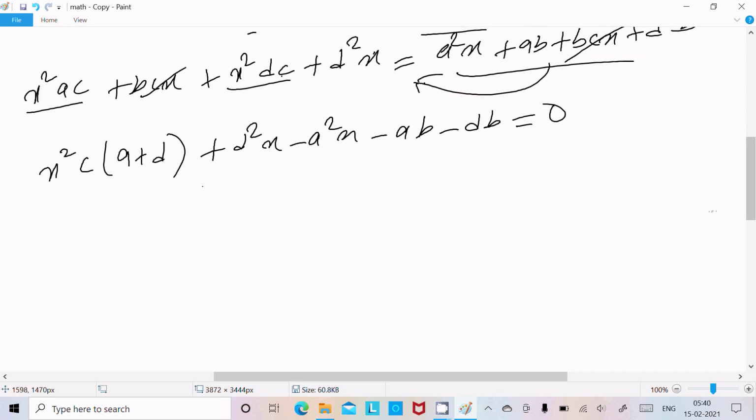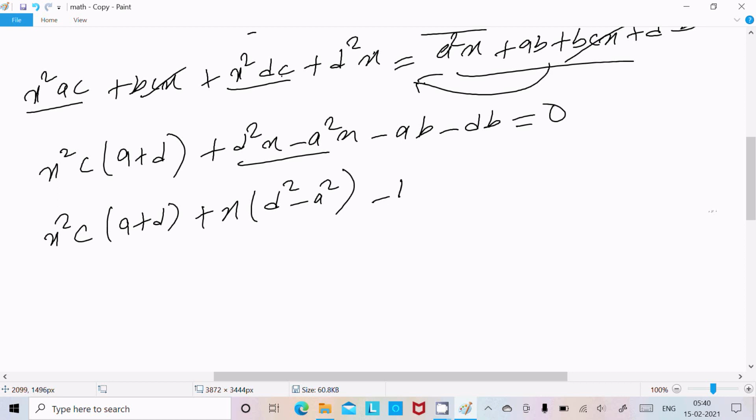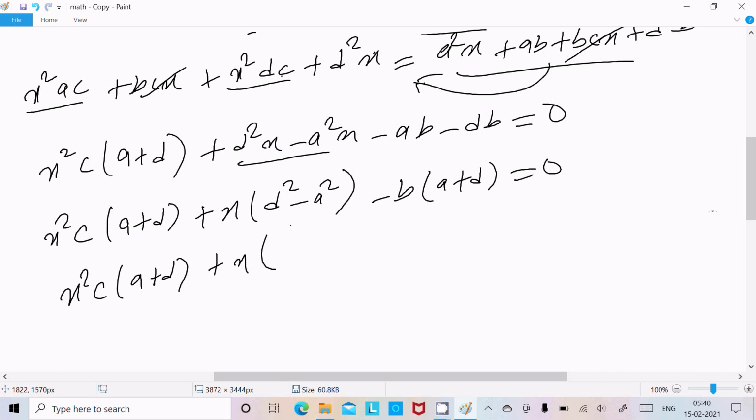Now here you can see x is common, so writing x²c(a + d) plus x(d² − a²), here minus b common, so (a + d) = 0. Now x²c(a + d), and here you can see d² − a², that is (d + a)(d − a), minus b(a + d) or (d + a) = 0.